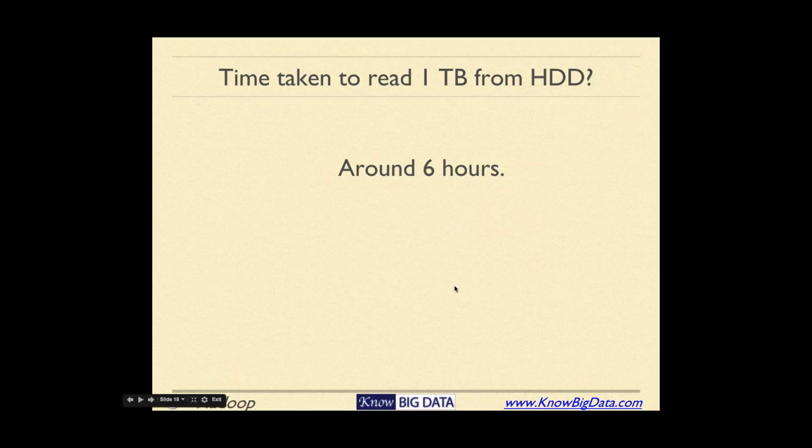So this is very important to understand. If you have a terabyte of movies and you want to copy it, the fastest hard drives available in the market would copy it in around 5 to 6 hours.